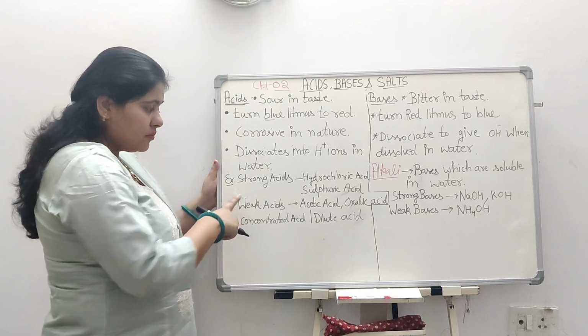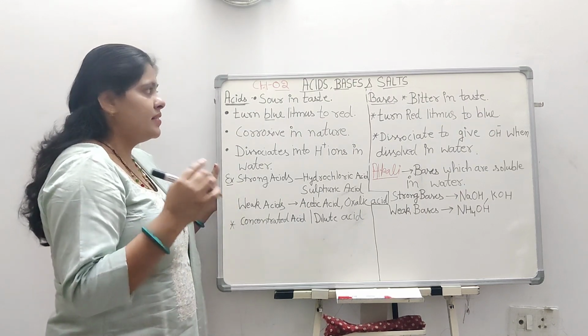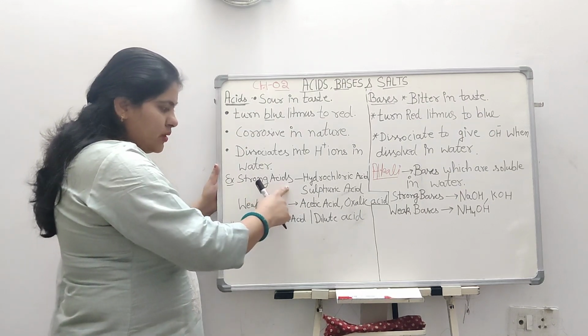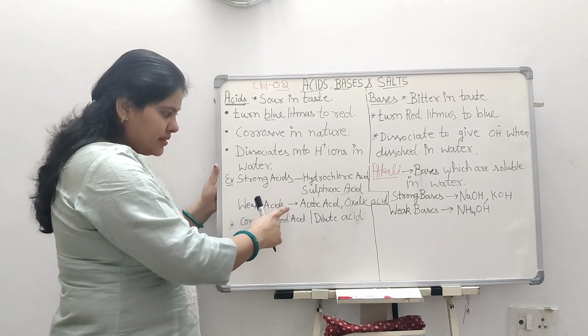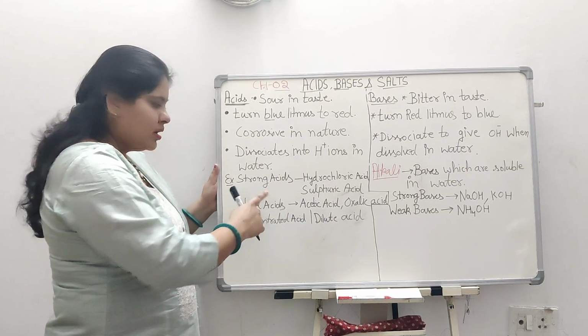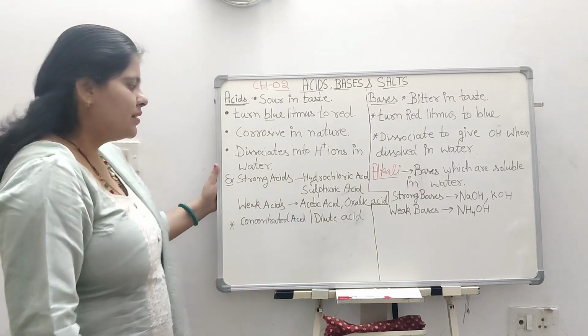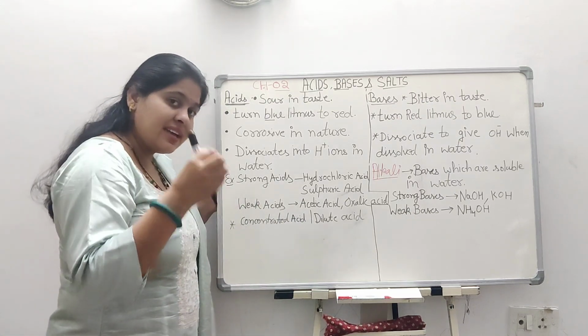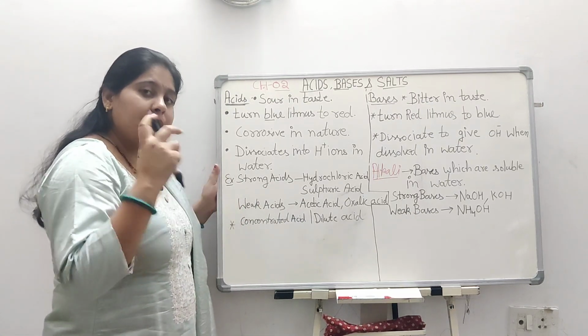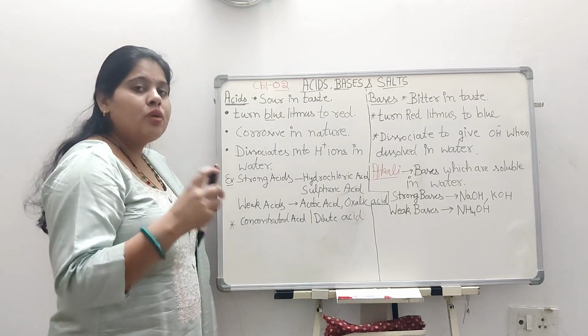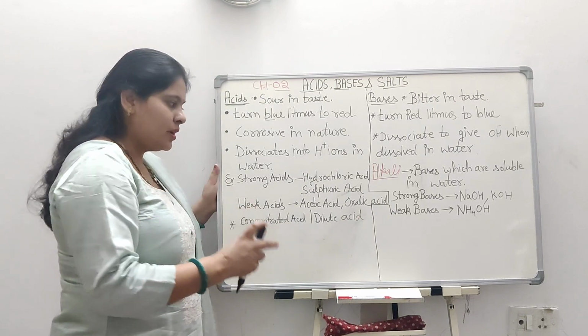Now there are two categories of acidic substances. One is strong acids, another is weak acids. Strong acids are the acidic substances which completely dissociate into ions when dissolved in water.